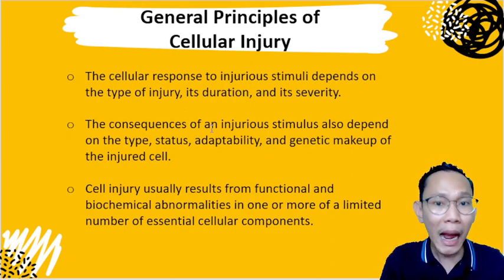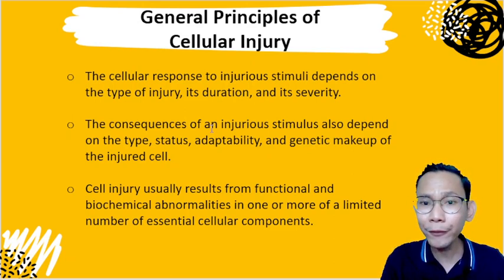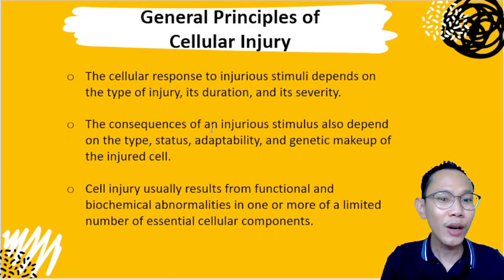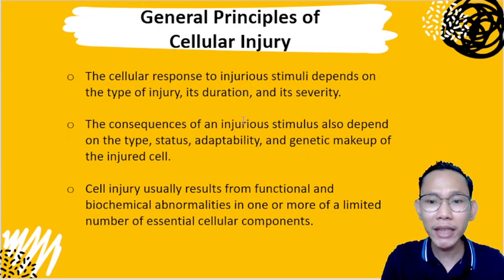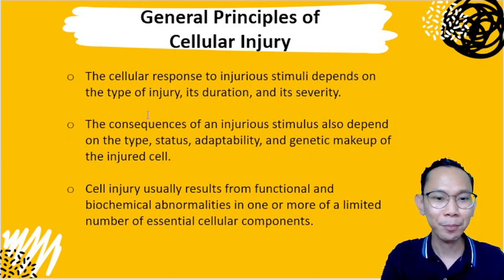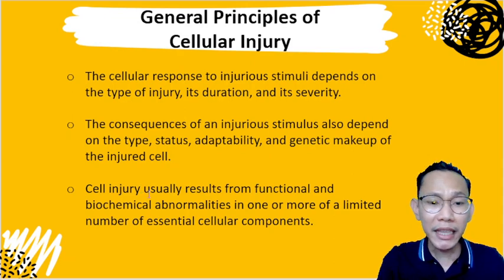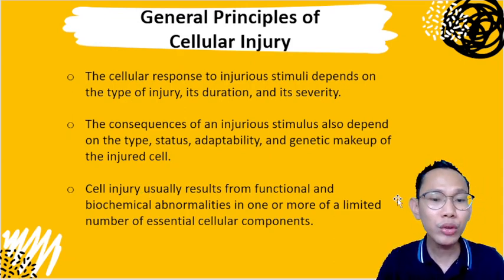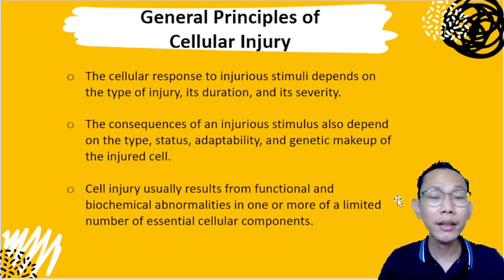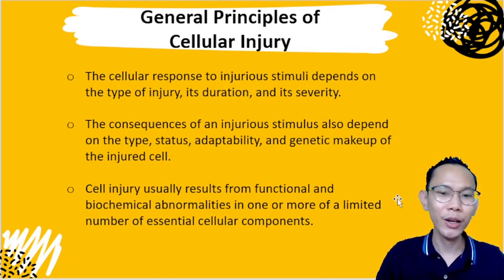Pero if that happens in our cardiac muscle, it will die after 20 to 30 minutes of ischemia. That is why it depends on the type, location, or the ability or the genetic makeup of that cell. Next, cell injury usually results from functional and biochemical abnormalities in one or more of a limited number of essential cellular components.